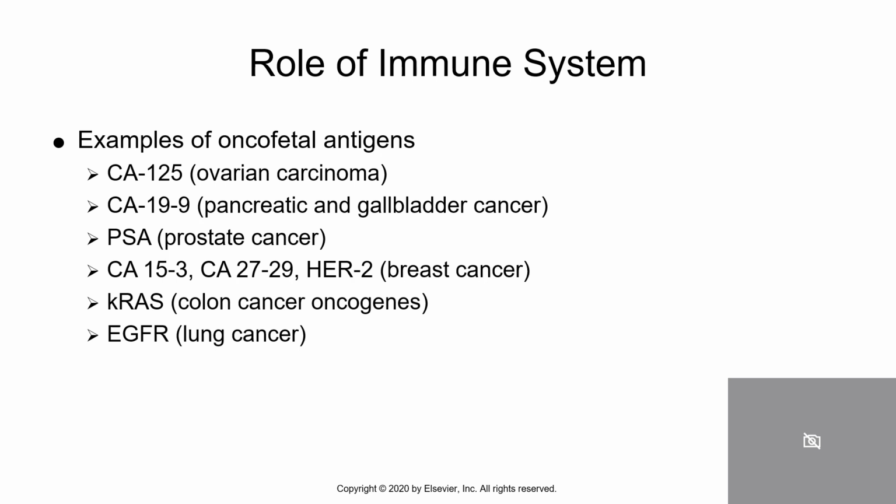Oncofetal antigens are not 100% specific for tumor recurrence, but they are useful in many cases to monitor the effects of therapy and sometimes to determine whether or not that tumor has recurred.